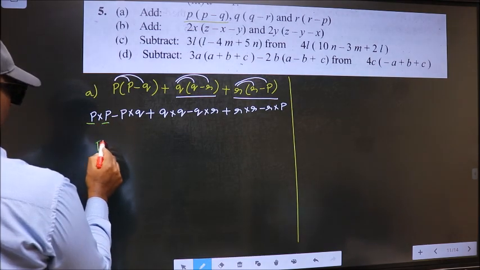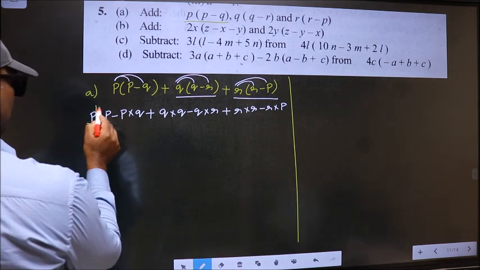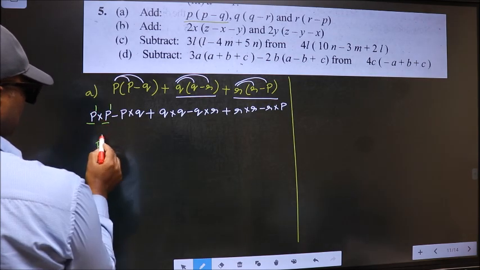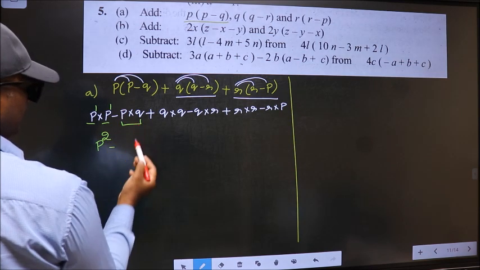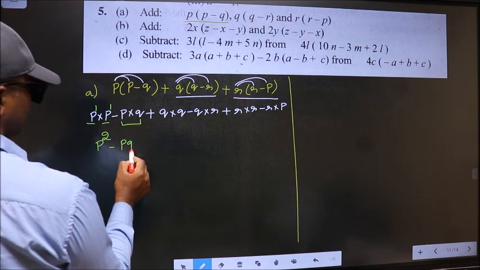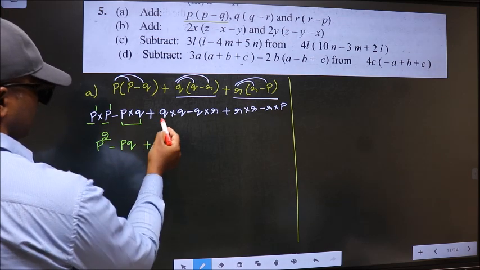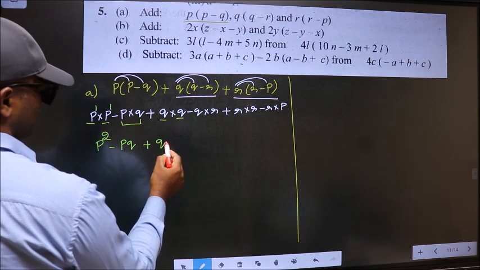p, you write p and the power is the sum of the powers, you write 1 plus 1, 2, minus, here these are not like letters, so you write as it is, plus here q, so write q.